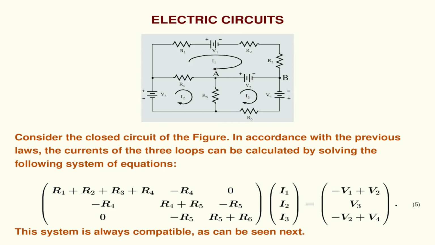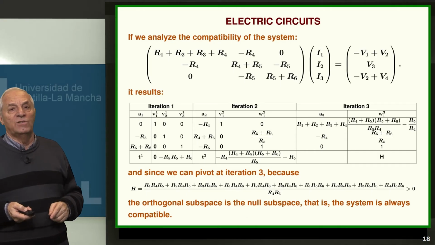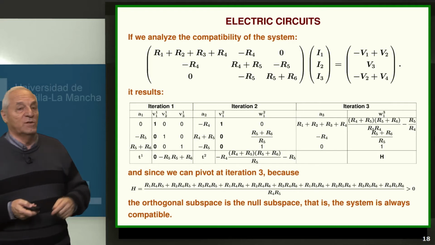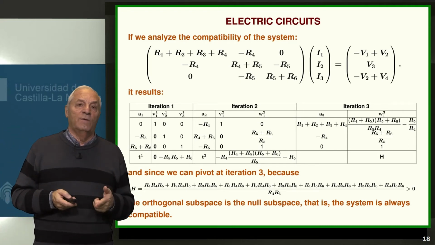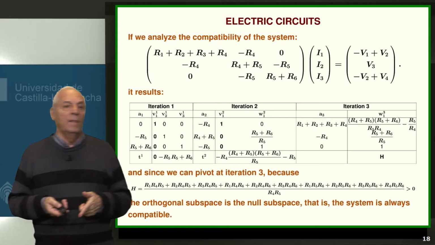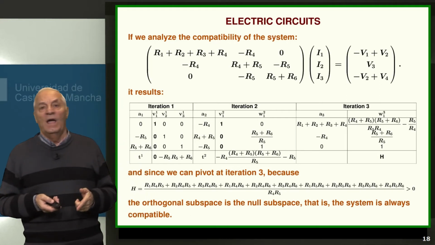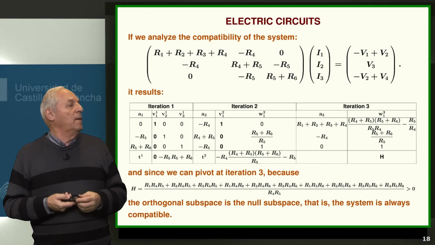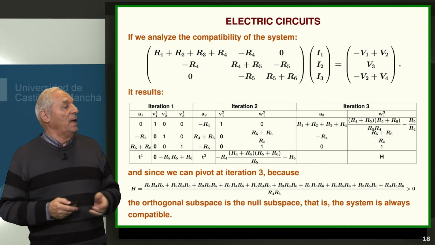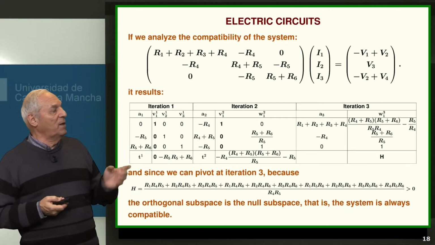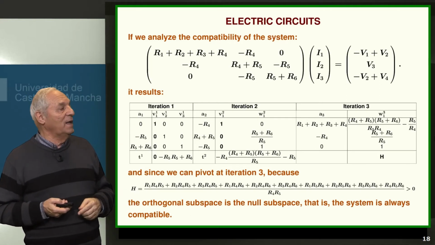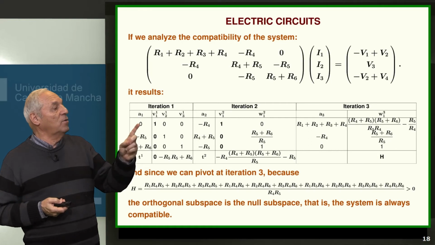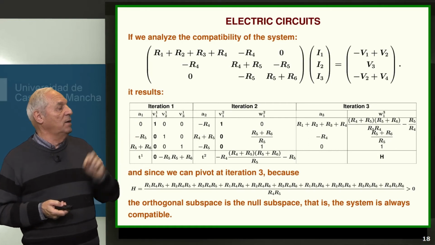How can we check if this system is compatible? To study the compatibility, we have to see if the vector of independent terms belongs to the subspace generated by the vectors of the coefficients, the column vectors. For that, for convenience, so it does not get too complicated, we start with the third column of the matrix, that is, 0, minus R5, R5 plus R6.